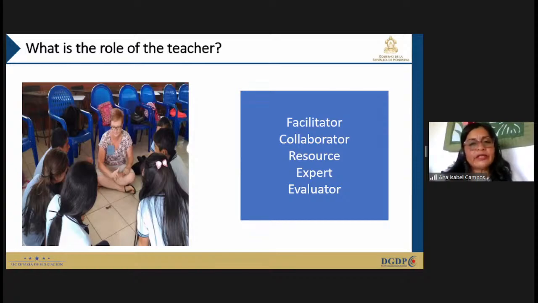Some important things that we need to consider. If we take a look at that picture, you can see that the teacher is sitting on the floor, at the same level as the students. So the students are not threatened. They do not feel afraid of the teacher. They feel comfortable. If you take a look at that picture, they are comfortable.